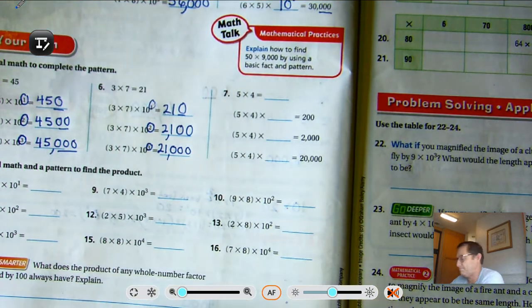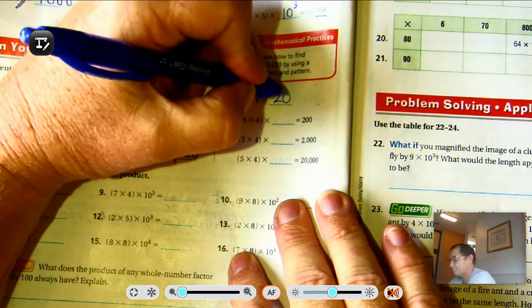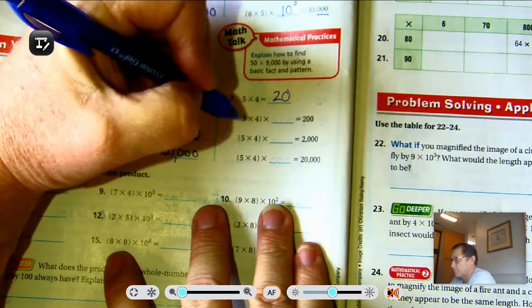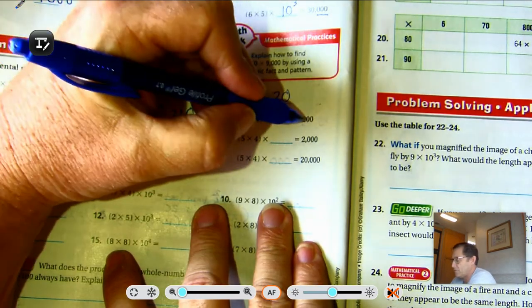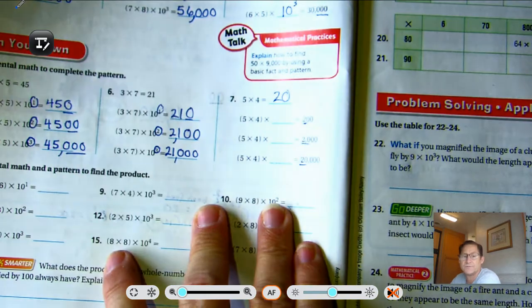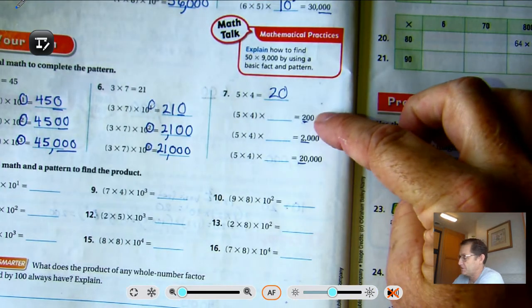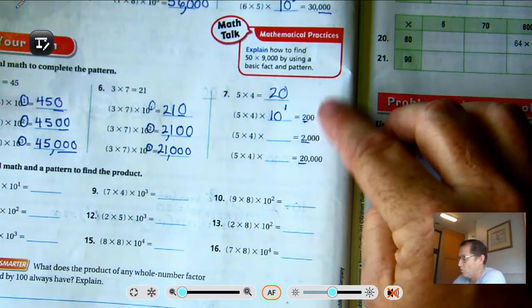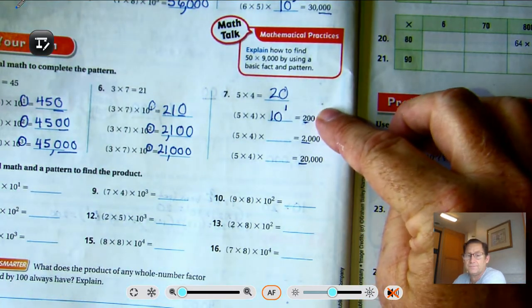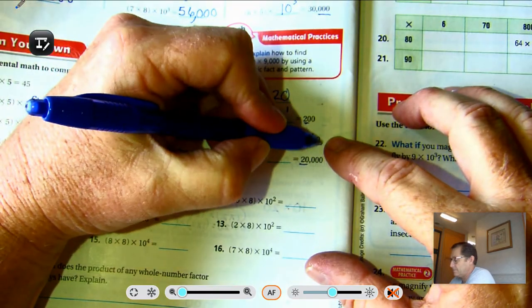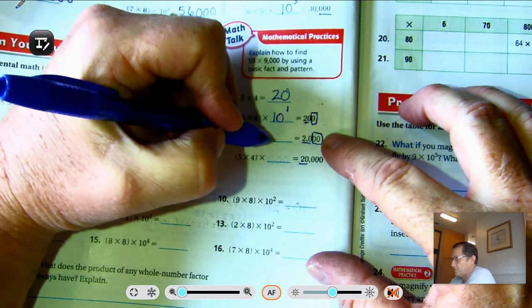5 times 4 equals 20. So 20 times what would give me 200? The basic math fact is 20 in all of those. So this is just going to be times the first power of 10, because there's only 1 zero after the whole number. So this time there's 2 zeros.